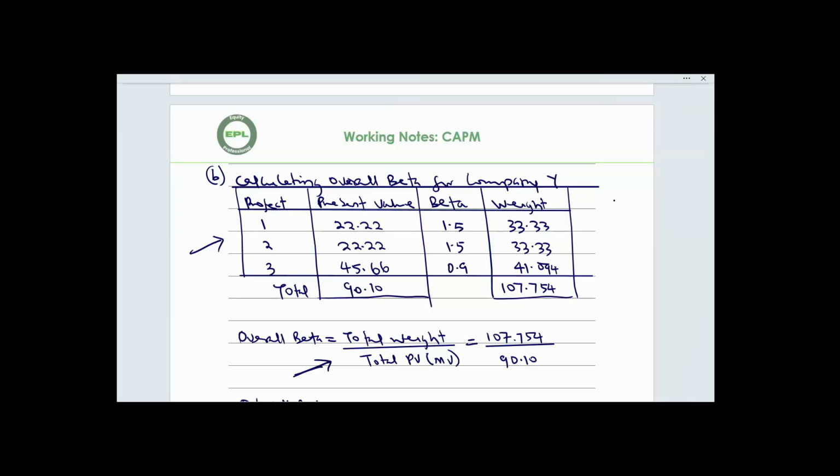Total weight divided by total market value. You use this if in the question you are given share price, number of shares, and then the beta factor of individual security. That is only when you use this format. So for you to be able to apply this formula, you need to first of all work out the weight.